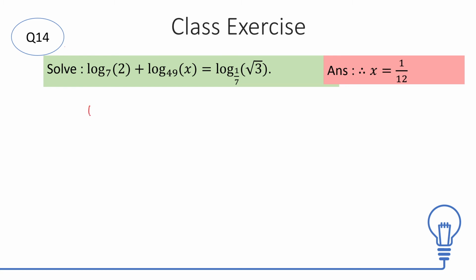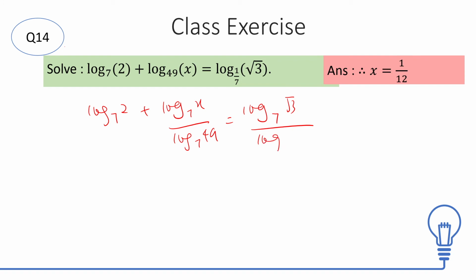So I have log 7 of 2 plus, changing base, log 7 of x over log 7 of 49 equals log 7 of 3 over log 7 of 1 over 7. So this one actually is true. Log 7 of 1 over 7 actually is negative 1. And we can combine log 2.